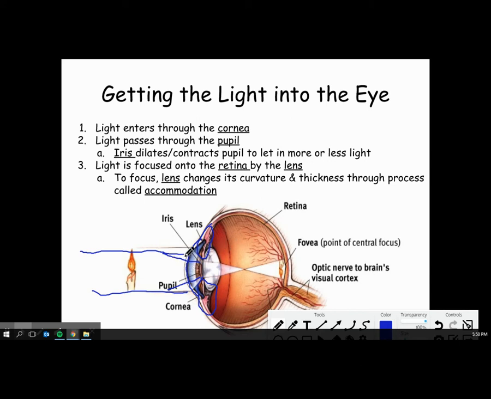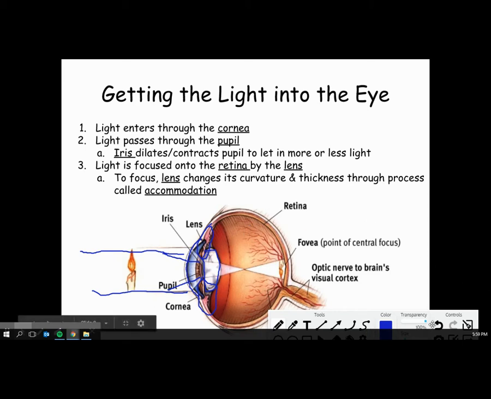So once light enters the pupil, it travels through this disc that sits behind the pupil, what is called the lens. It's basically like a contact lens on the inside of your pupil. The lens's job is so that the eye can focus on whatever distance it is looking at.